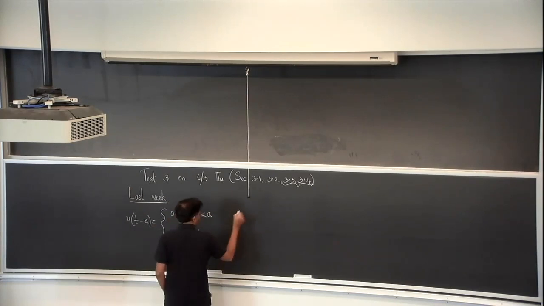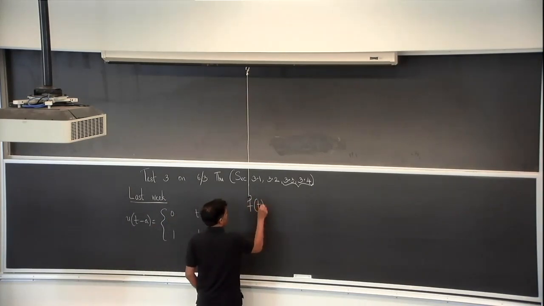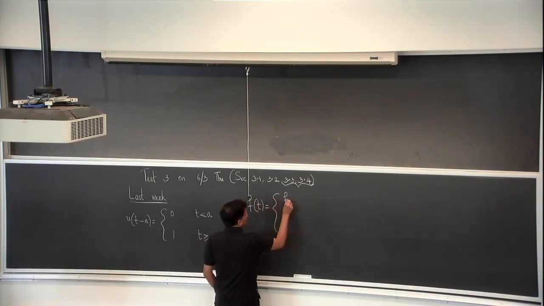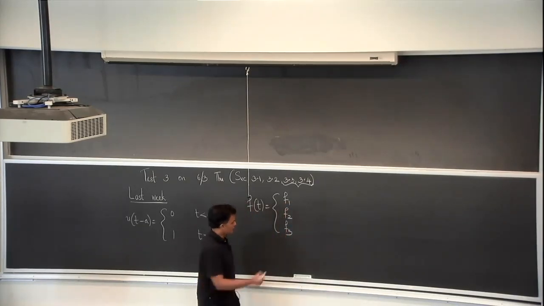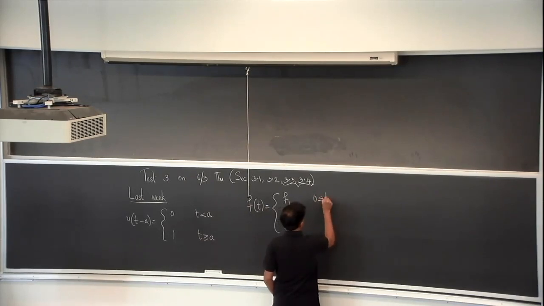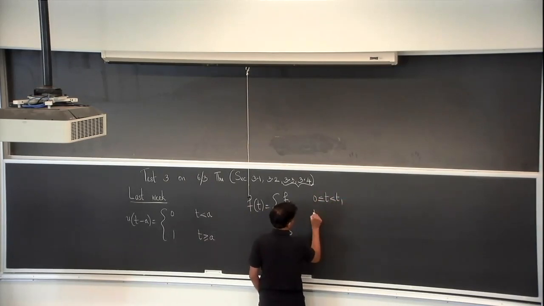And we could write a piecewise function, if you just have 3 pieces, for example, 0 less than or equal to t less than t1.